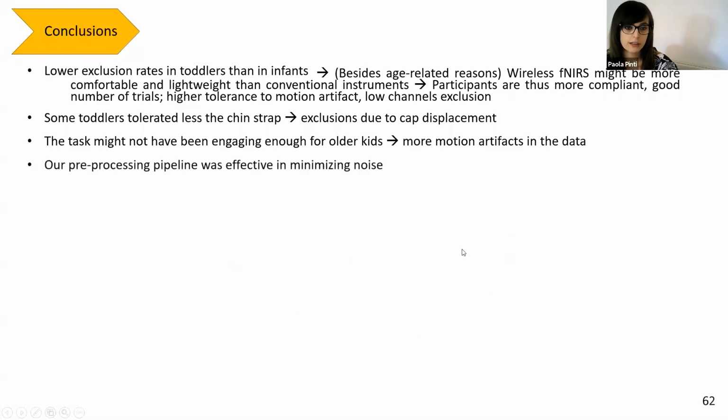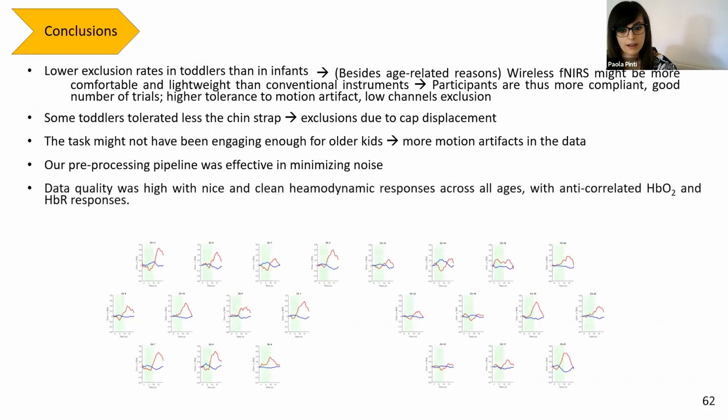But in general, our preprocessing pipeline, which we extended from infant to toddler data analysis, was effective in minimizing the most important noise components in the data. In fact, we observe very nice and clean hemodynamic responses with anticorrelated patterns, as we would expect during functional brain activity. Great.